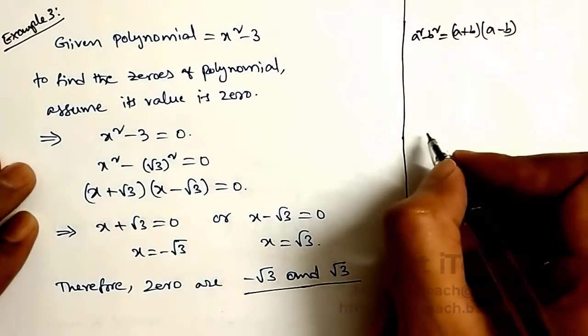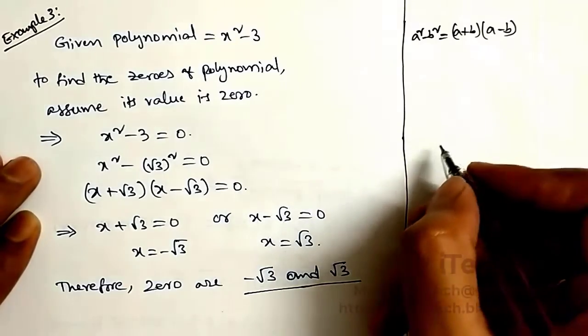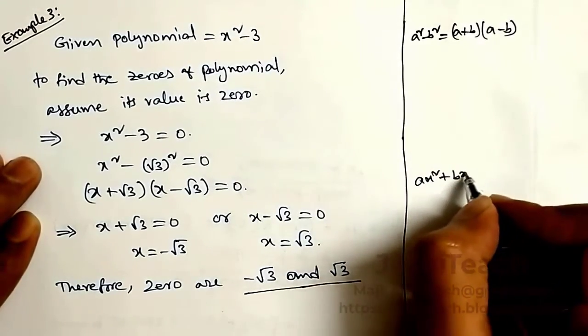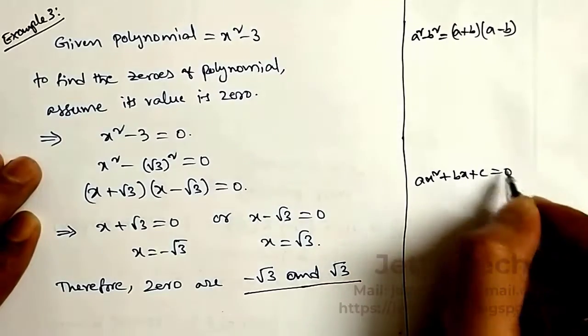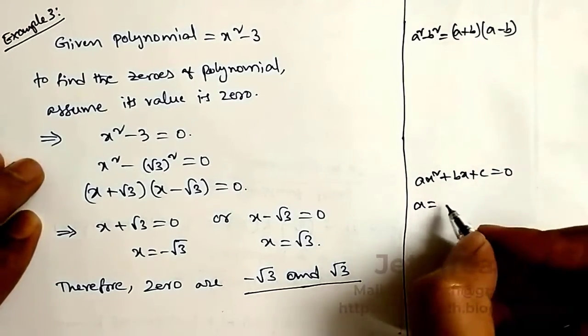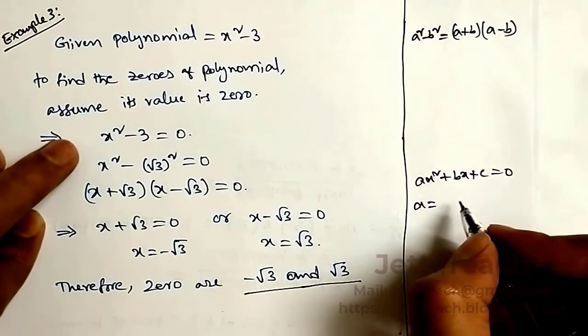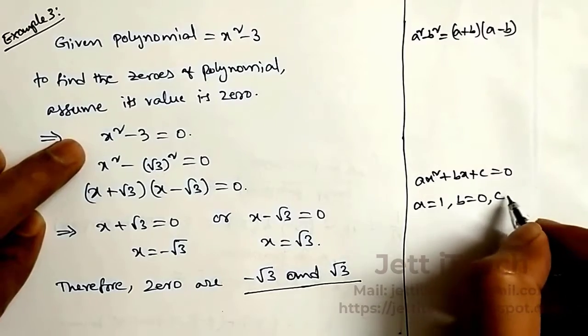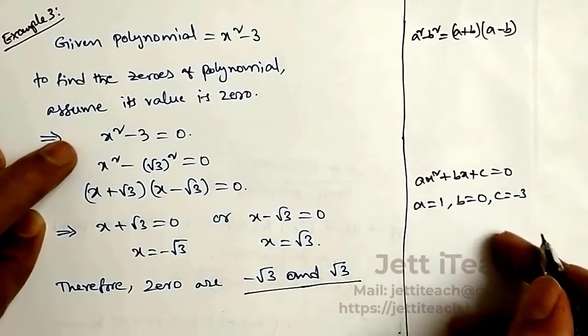Okay, what's the general form of polynomial? a x square plus b x plus c equal to 0. Here a value is 1, b is 0, c is minus 3.